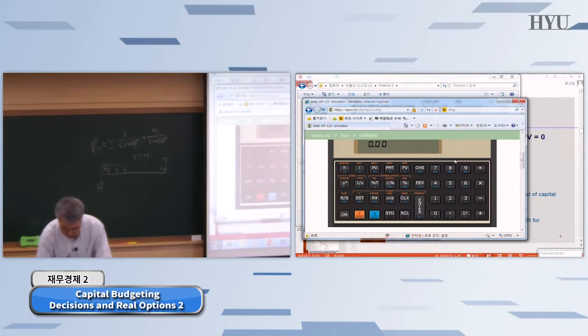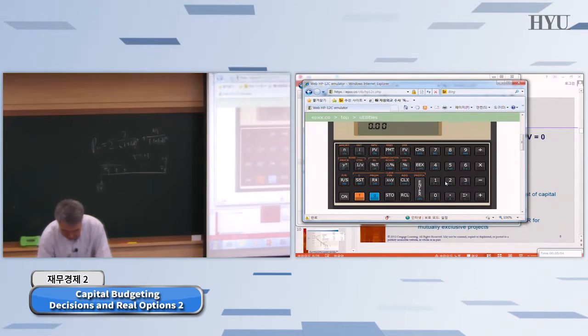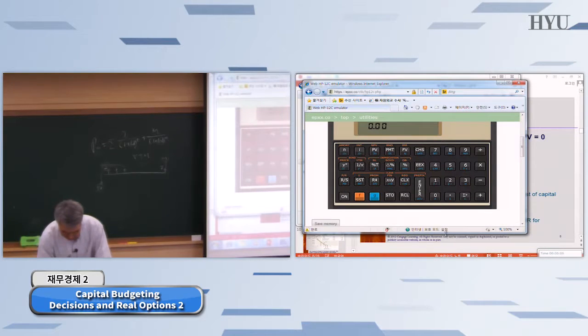I think I did something wrong, right? What did I do? Oh, I pressed the orange key. So it's saying the net present value is 0 currently, okay? All right, so let's say 900 negative and blue key and CF0, right? Okay.